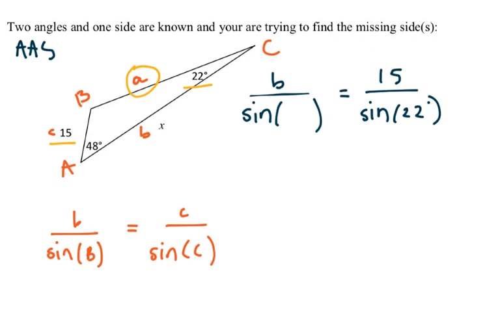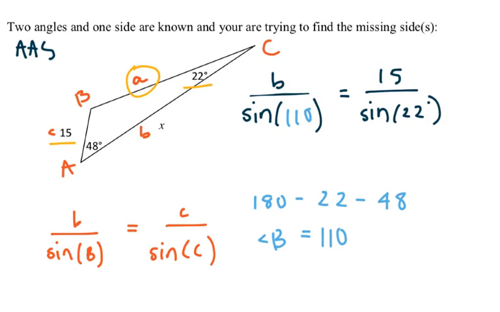Well, what we have to do is we're given two of the angles, and we know that all angles add up to 180 degrees. So we can find angle B by doing 180 minus 22 minus 48, which is going to give us 110 degrees for angle B. So I can go ahead and throw that into the equation.